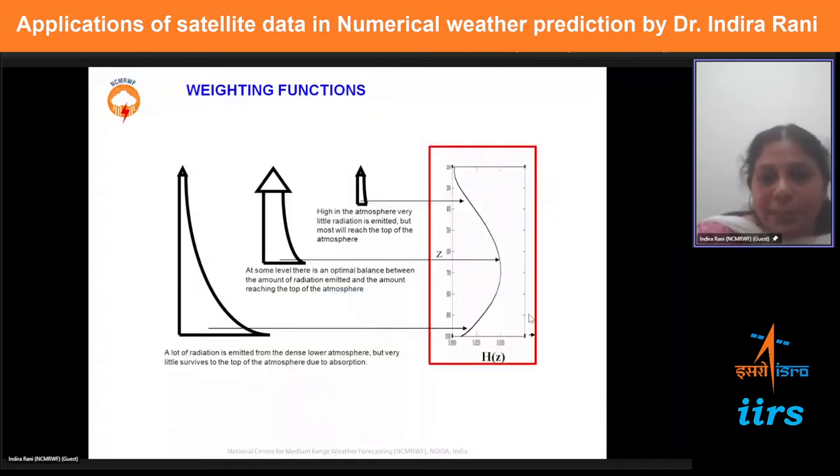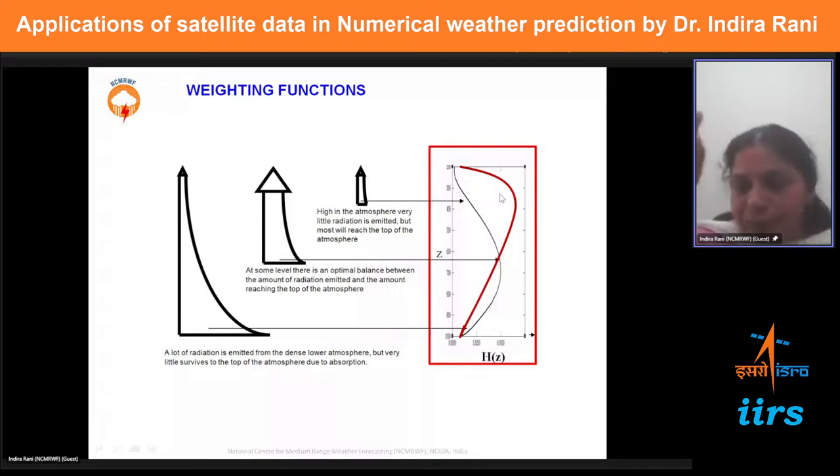This is for a particular channel, and if you see another wavelength, the maximum information may be coming from this particular region where it peaks. So like that, we have to select different channels or different frequencies so that we can probe the atmosphere at different vertical levels. Like this particular weighting function, the maximum information is maybe from around the 850 level.